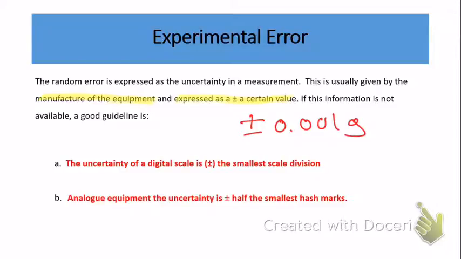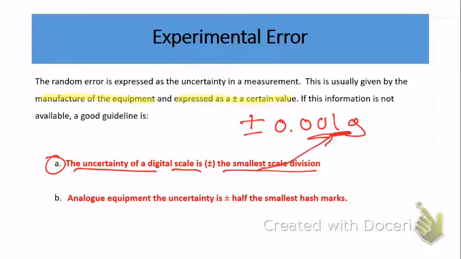So that also applies here: the uncertainty of a digital scale or whatever is always the smallest scale division. Basically, the bottom line is, if you had, say, a balance that could read out to the 1000th position, then that would tell us that the random error actually goes out to that position, and it would therefore be expressed as the smallest scale division.